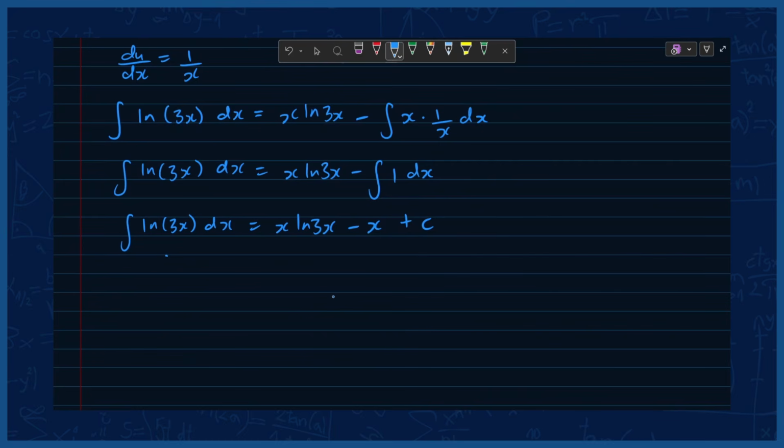So we know that if we integrate ln 3x, we're going to get x ln 3x minus x, and we want to evaluate this from 1 to 2. You can start with the upper limit, so that's going to be 2 ln of 3 times 2 minus 2, and now do the lower limit, so that's 1 ln of 3 times 1 minus the 1.